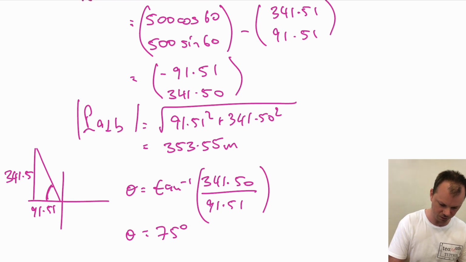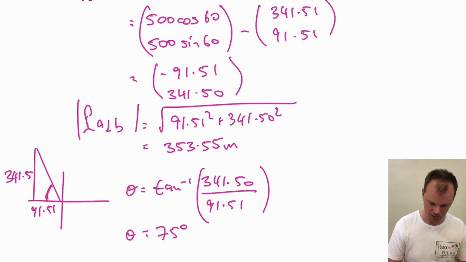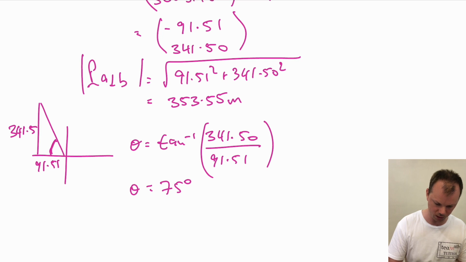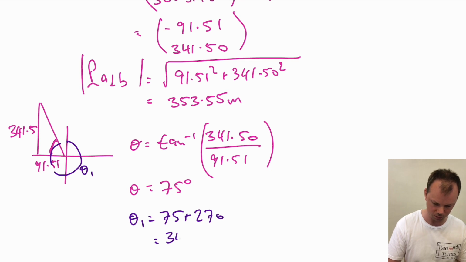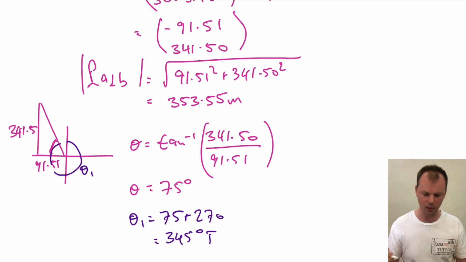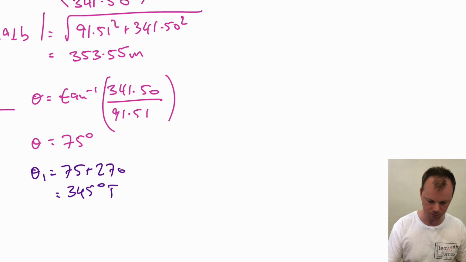So this is 75 degrees in here. We want our true bearing because of the application style problem. So we've got, let's call that theta 1, 75 plus 270, which is 345 degrees true. And we have an answer to our question. So we can write a worded response.